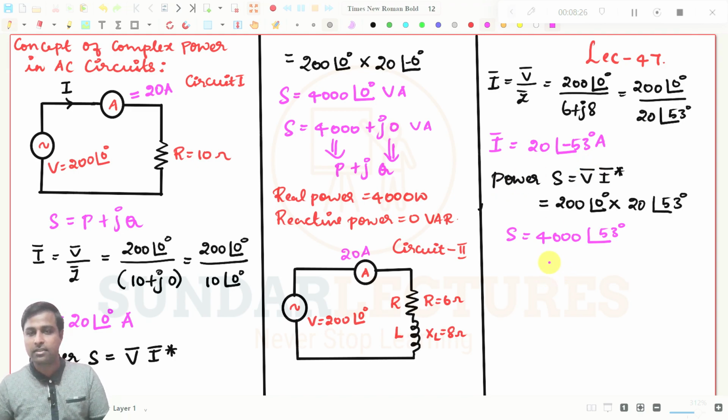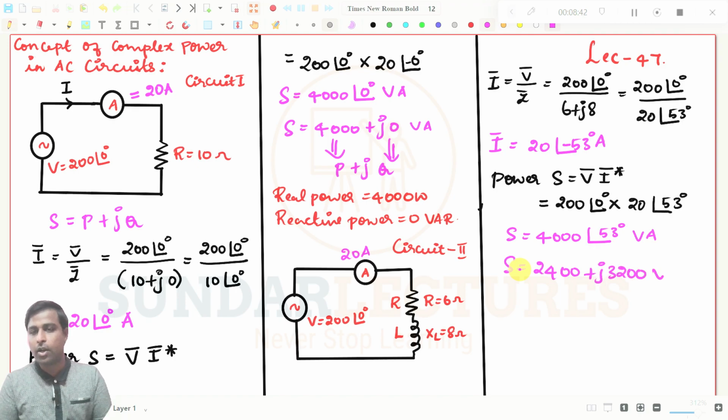This is the polar form, and if you convert this into rectangular form, then S is equal to 2400 plus j3200 volt amperes.